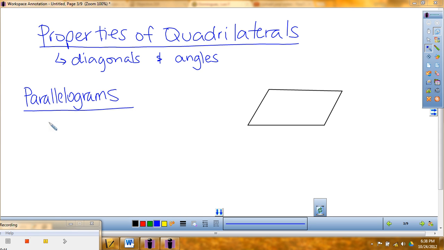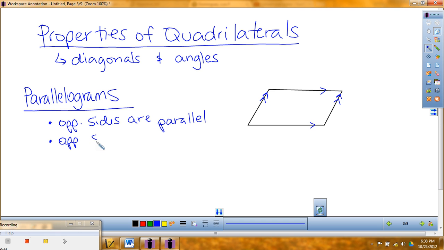So the first thing we know about parallelograms, obviously, is that our opposite sides are parallel, which means that we can draw our tick marks for our opposite sides being parallel. Next, from this, we also know that opposite sides are congruent.